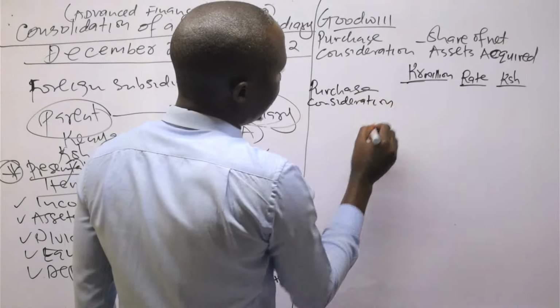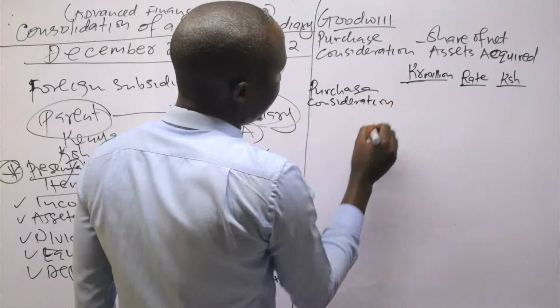If you check your question well, you are told that number one, on 1st October 2022, H Limited acquired 80% controlling interest in S for a cash consideration of Kenyan shillings 3,000.